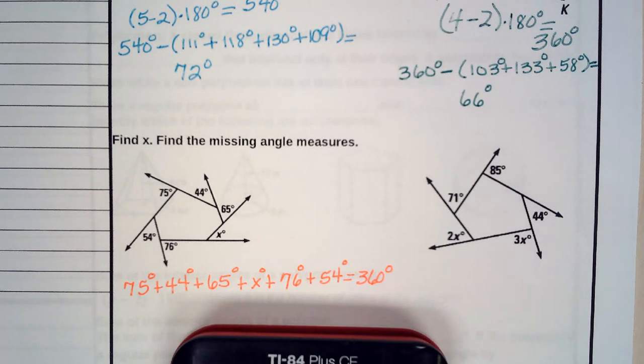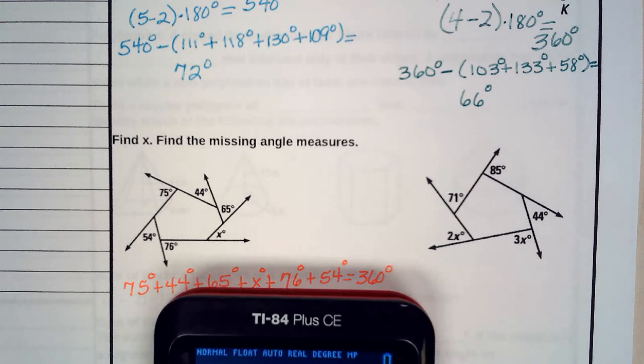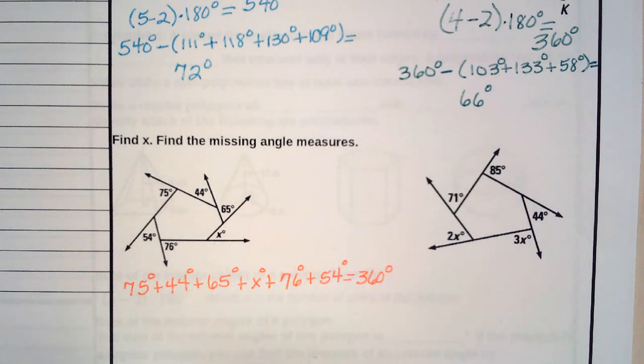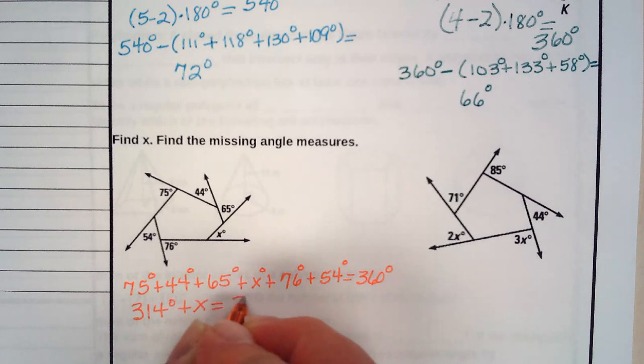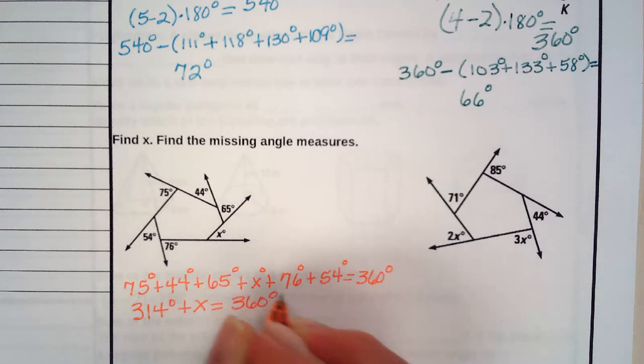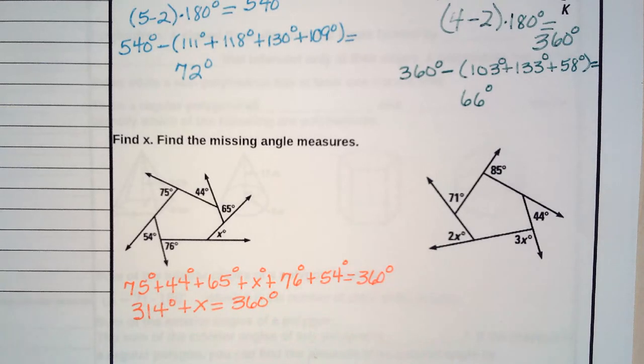So 75 plus 44 plus 65 plus 76 plus 54. I've got 314. So 314 degrees plus x is equal to 360 degrees. How do I solve?